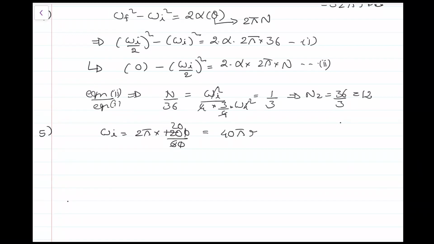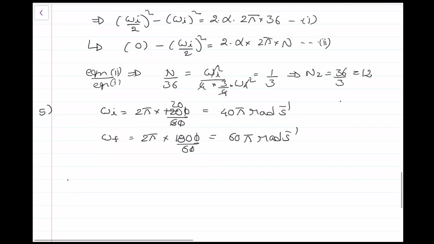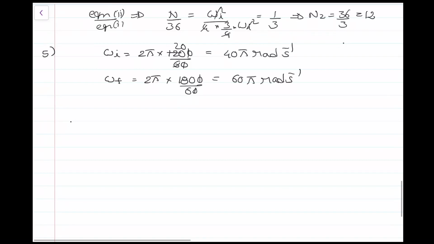Initial angular velocity is 40 pi radian per second, and final angular velocity is equal to 2 pi into 1800 by 60, nothing but 60 pi radian per second. Now we have to find out, and the time is given as 20 seconds.